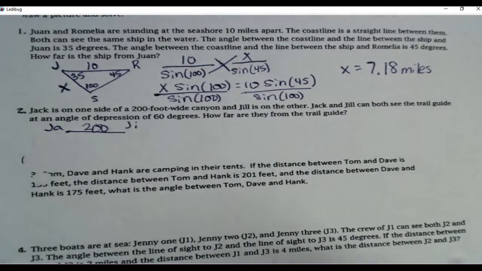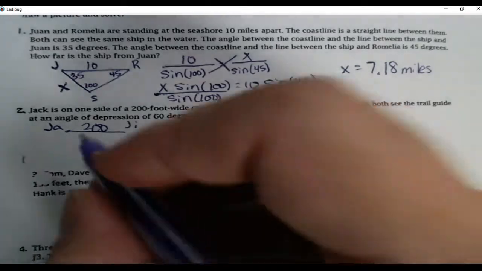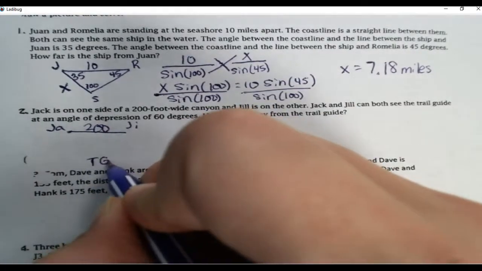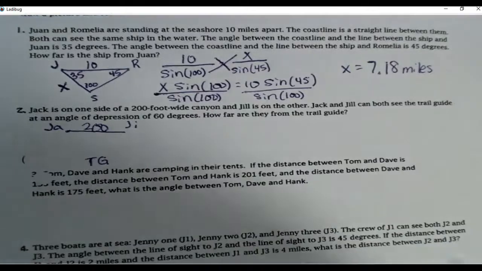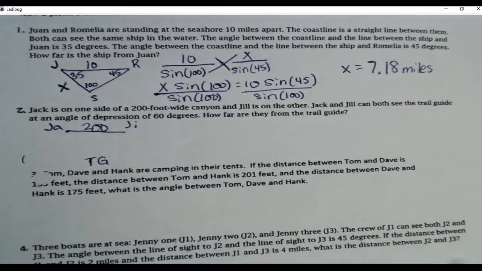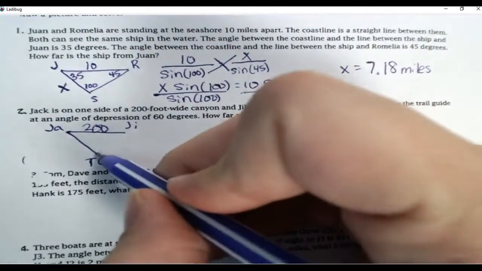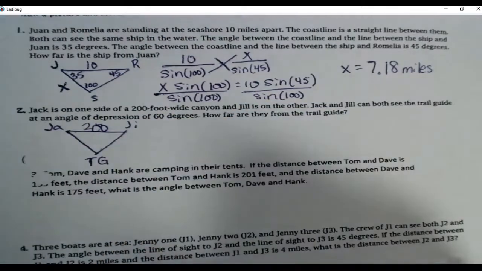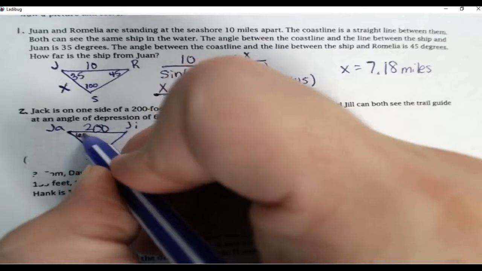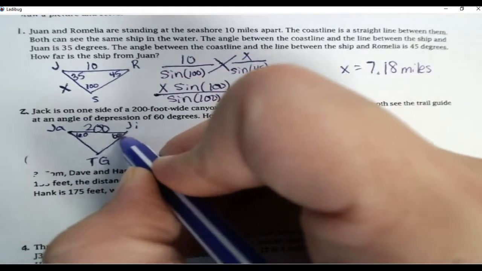And it tells me their angle of depression. So remember, they're looking out, so they're looking down at this trail guide over here. And it tells me both of their angles of depression is 60 degrees. So Jack's is 60, Jill's is 60.